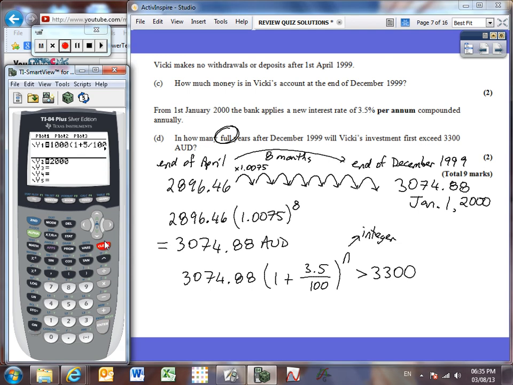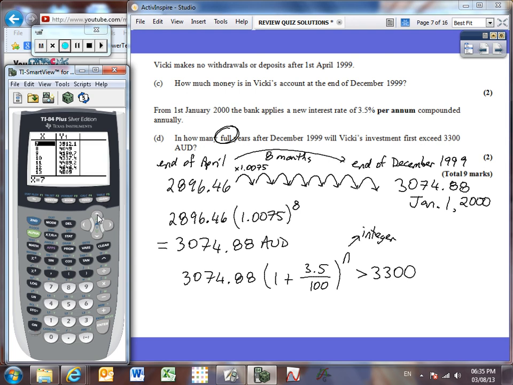So let's go into our y equals, and we're going to create a brand new equation of 3074.88 multiplying 1.035 raised to the power of x. Let's have a look at the table.